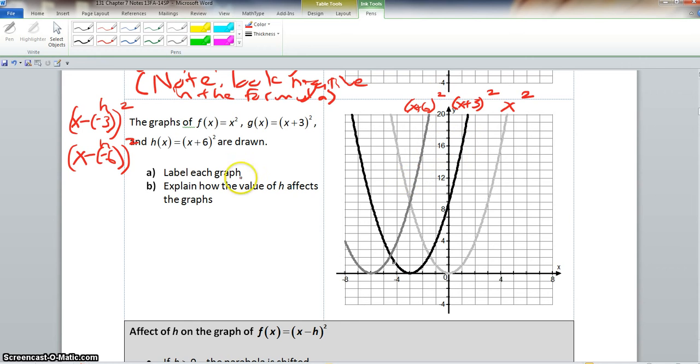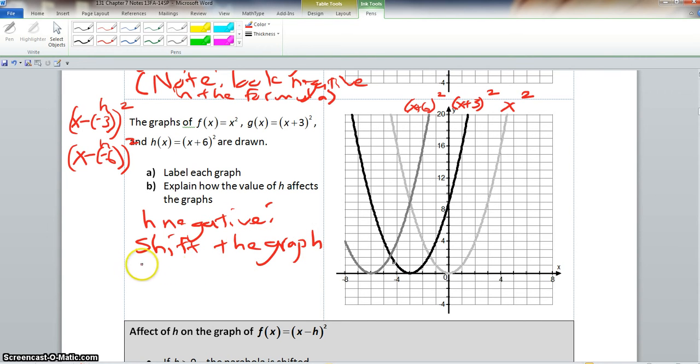So we labeled these graphs and explained how the values of h affect the graphs. So we know h is negative, and it shifts the graph to the left.